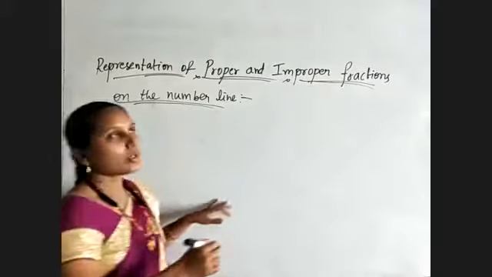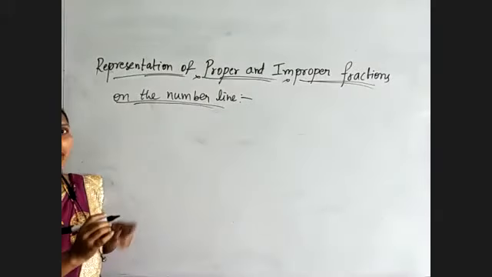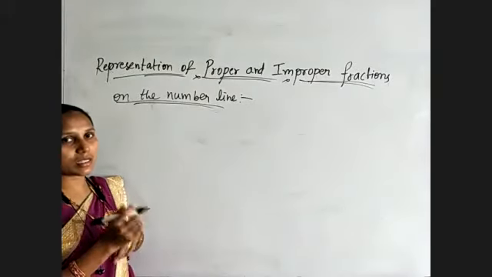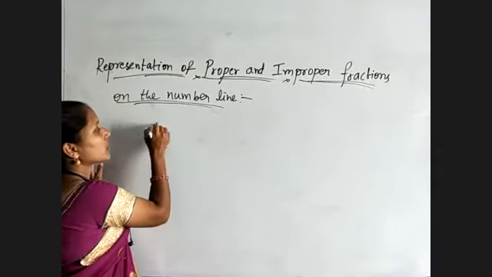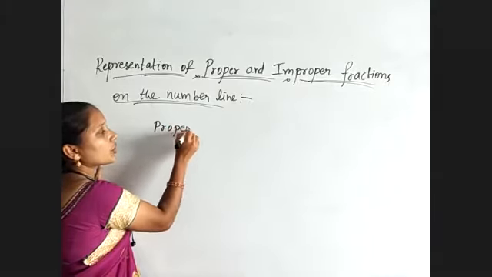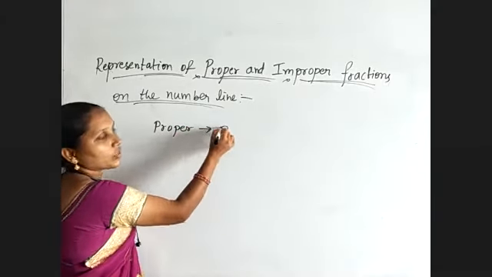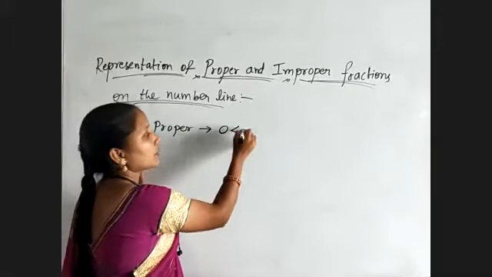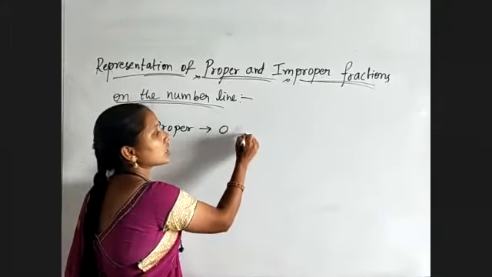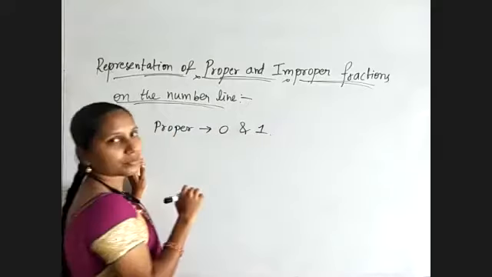See, to represent a proper fraction, we need one whole. By using pictures, only one whole we are using. Why? Because always proper fractions lie between 0 and 1. Between more than 0 and lesser than 1. All the proper fractions lie between 0 and 1.